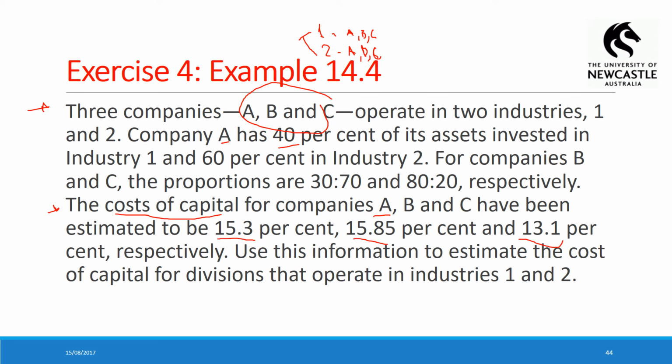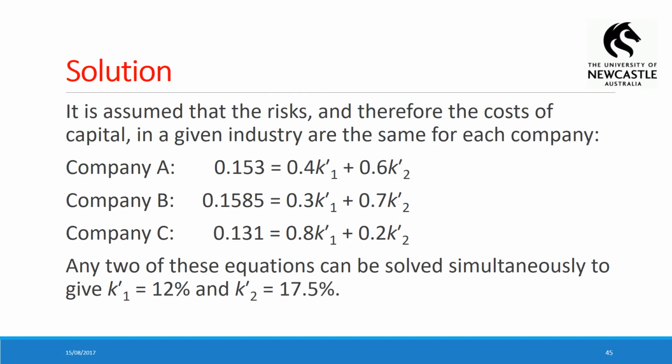What we want to find out from this information is the divisional cost of capital, right? So what we have here is the cost of capital for industry 1, and this is the cost of capital for the overall industry 2, right?